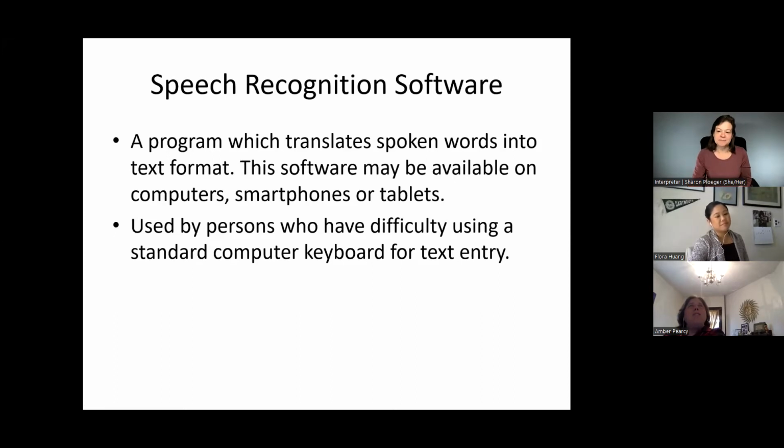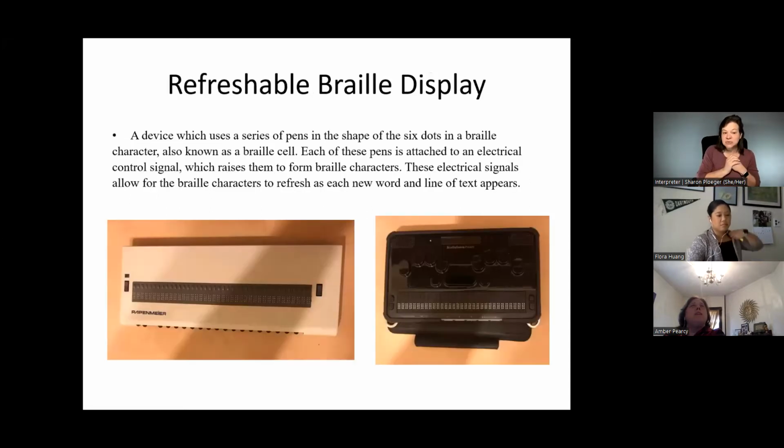All right, and with no questions about speech recognition, we'll move on to refreshable Braille display. A refreshable Braille display is a device which uses a series of pins in the shape of the 6 dots in a Braille character, also known as a Braille cell.